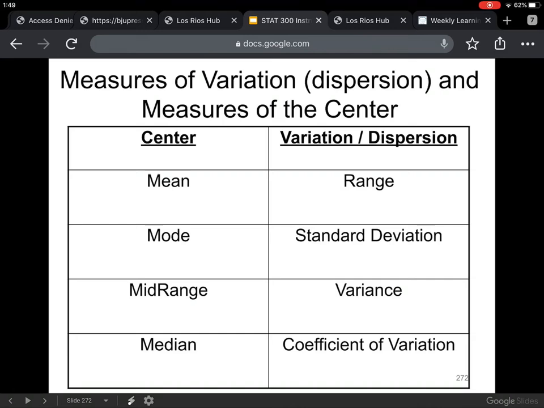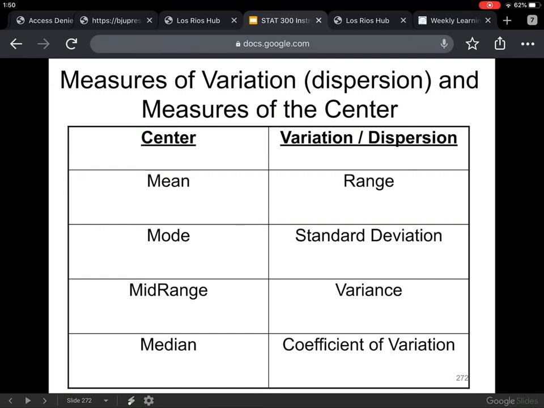Okay, in this slide here, what I'd like you guys to do is actually review. So you should be able to, hint hint on the quiz or test, either describe or write the formula of each one of the measures of center and the measures of variation or dispersion. The mean formula, the mode, the mid-range, the median.